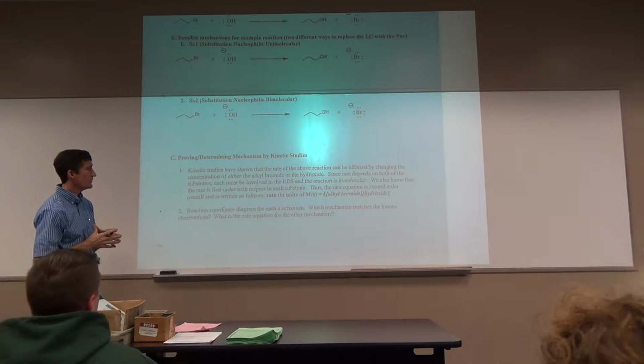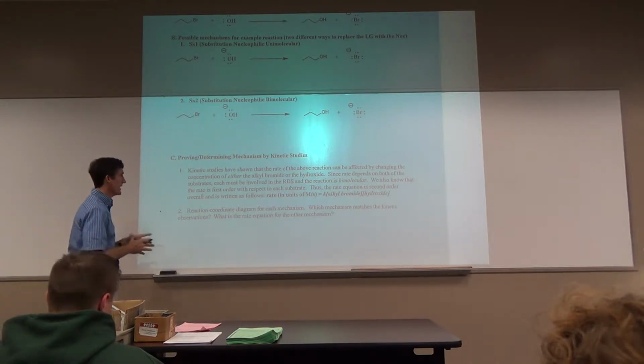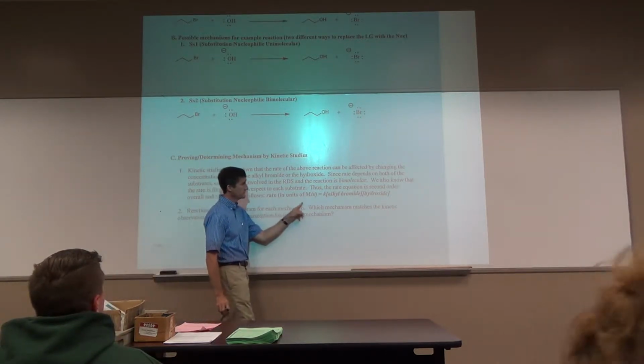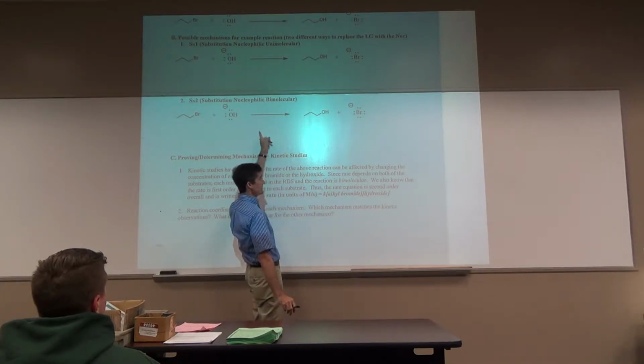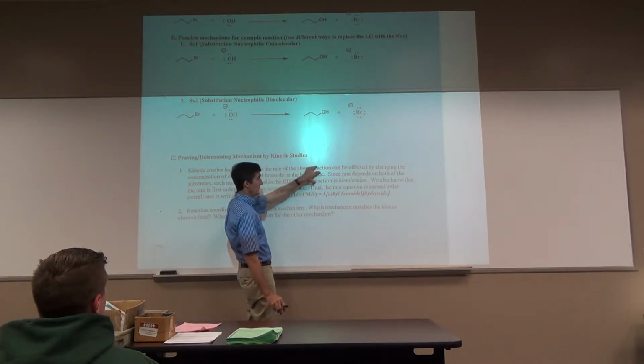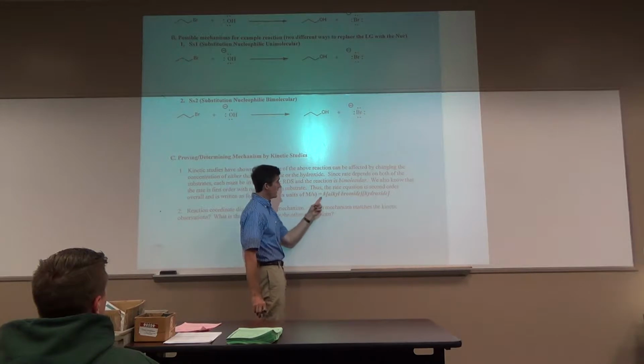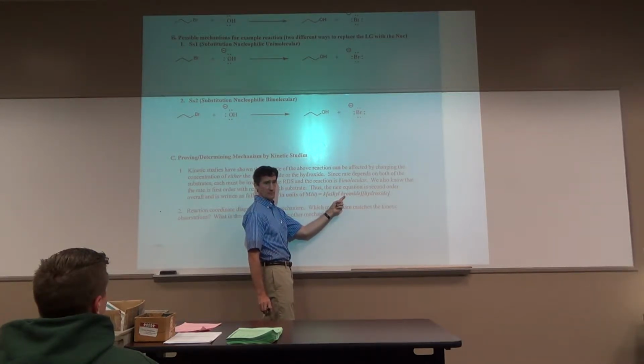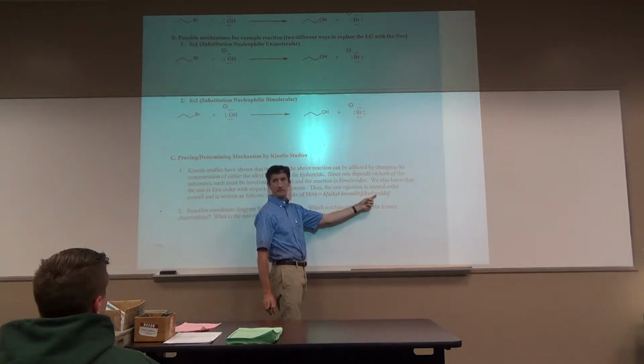Thus overall, the rate equation is second order and is written as follows. The rate of this, since we know it's SN2, and that's what it describes here, is going to be some type of constant times the concentration of this reactant times the concentration of that reactant.